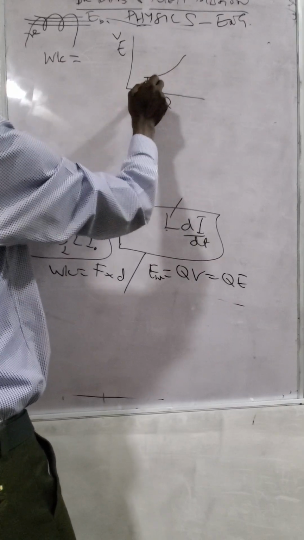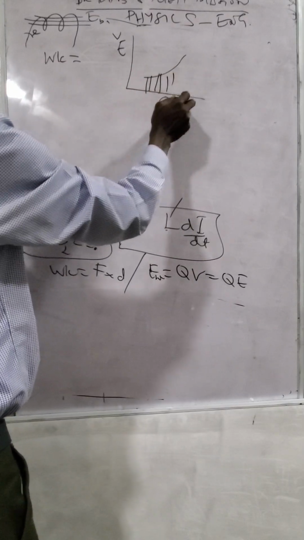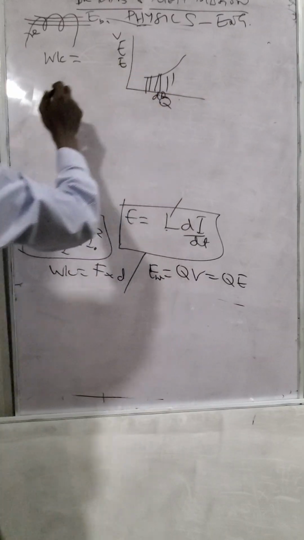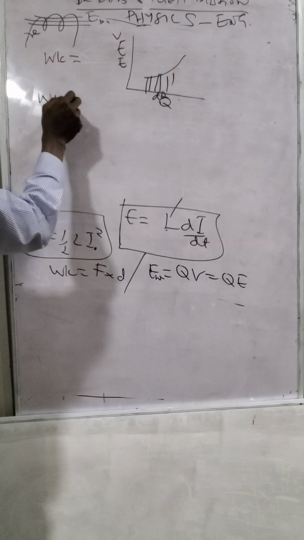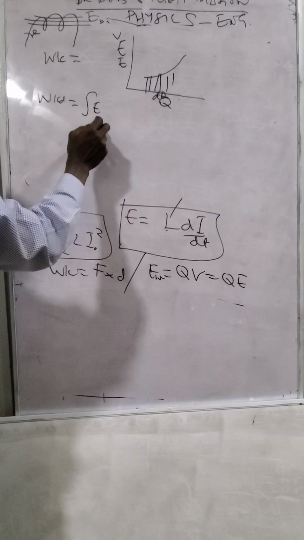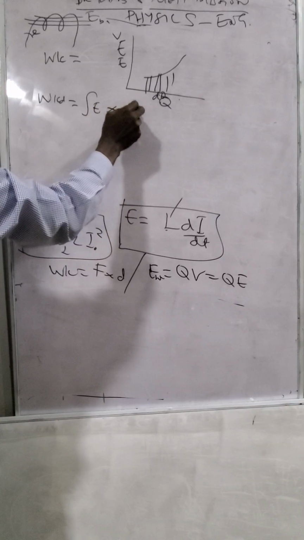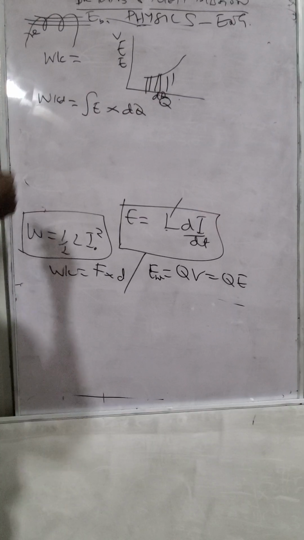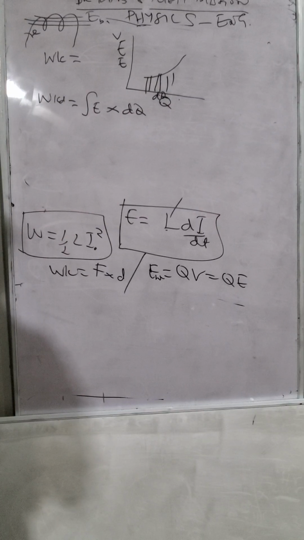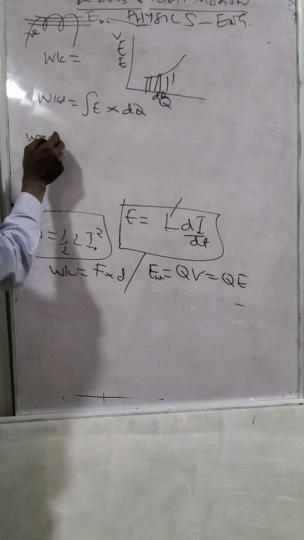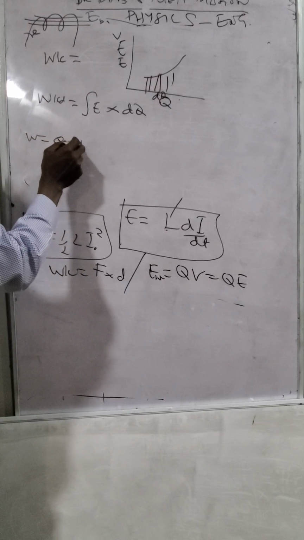Let's see, if we sum this over T, so that this becomes Q and this is E, then work done will be equal to summing the E and multiplying by the Q. Because we said work done is equal to charge times voltage.